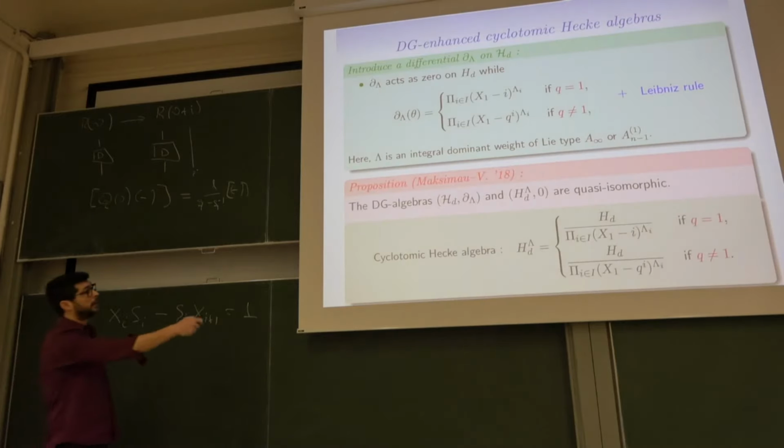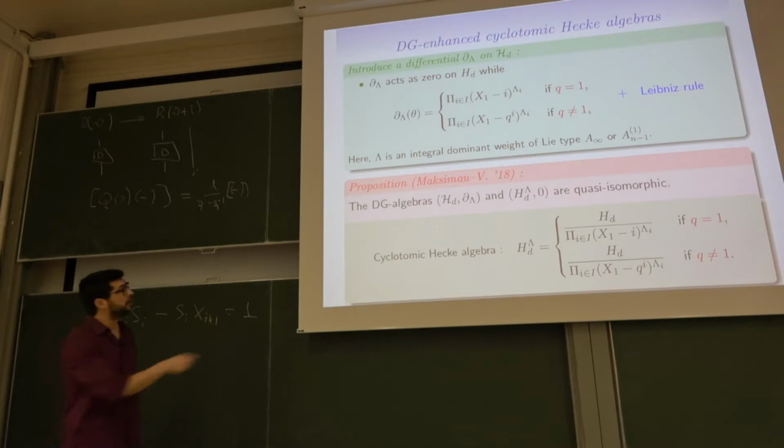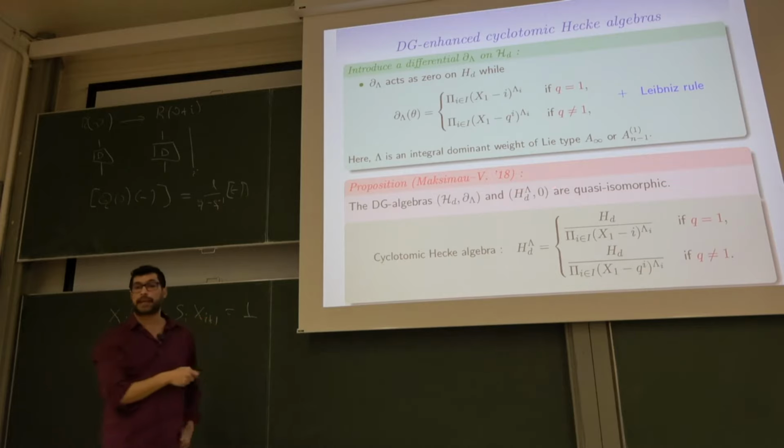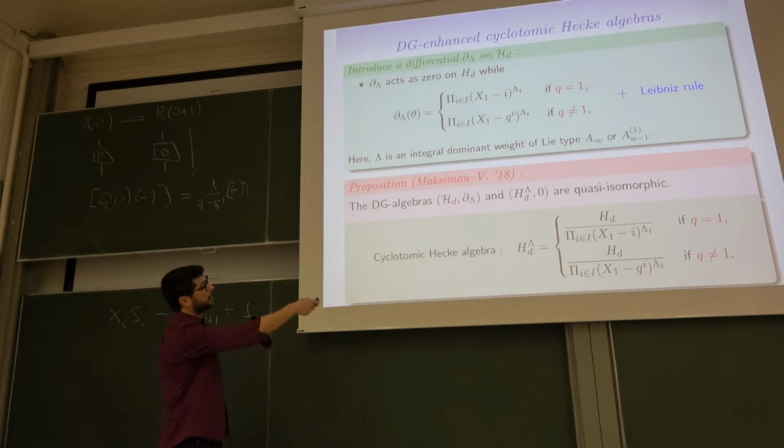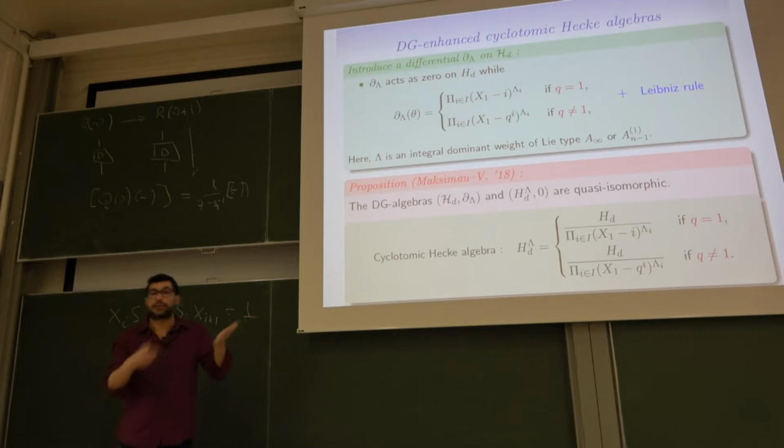So the DG algebras, with this differential, are isomorphic to cyclotomic Hecke algebras. The same thing that we did in the KLR case, the same sort of proof. We have a basis for these algebras, so you can do the computation exactly as we did in the KLR case. So these are DG enhancements of cyclotomic affine and degenerate affine Hecke algebras.